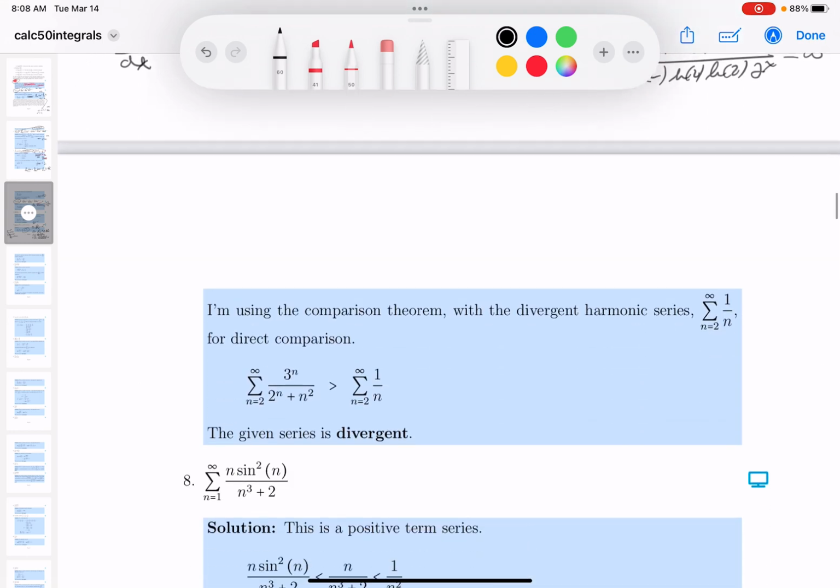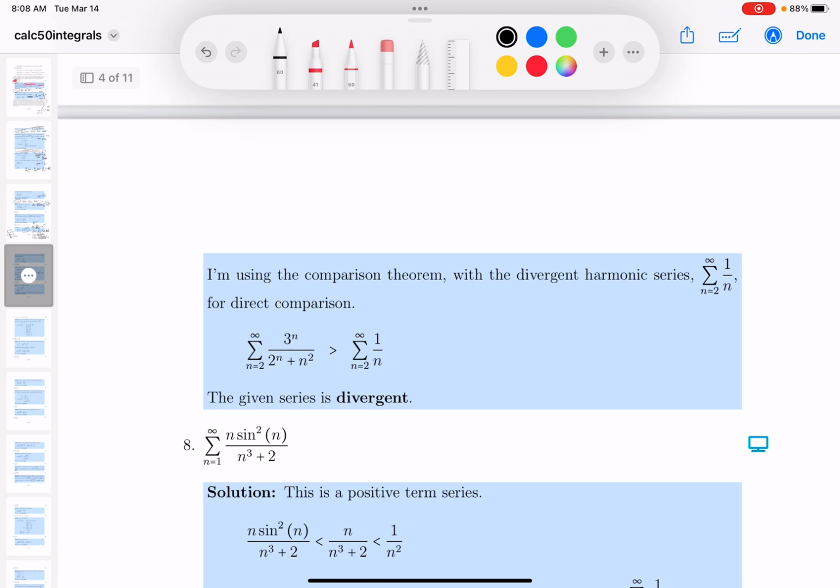The next thing I did, I want to point out, I did a comparison theorem, and I made a comparison with the harmonic series. And what I said is that 3 to the n as a term is going to be greater, all right? We'll go through it, by the way.